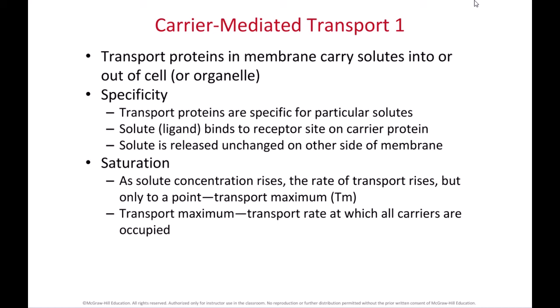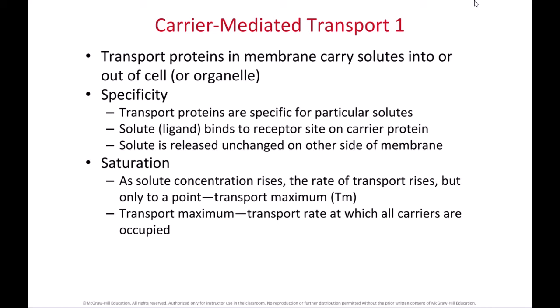Now, as we look at these transporter proteins, they can only move something so quickly. There's a maximum rate that they can move a molecule or a solute across the cell membrane. This maximum rate is called transport maximum. And eventually, if you have too many particles that you're trying to move across the cell membrane, the transport maximum can't keep up.